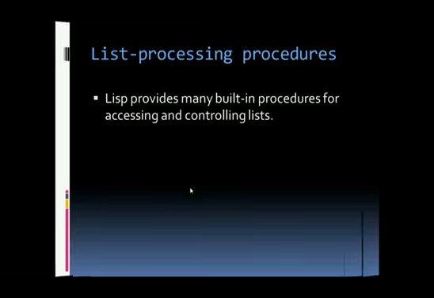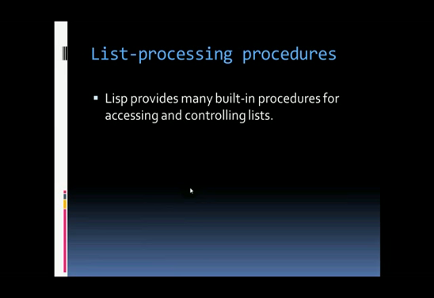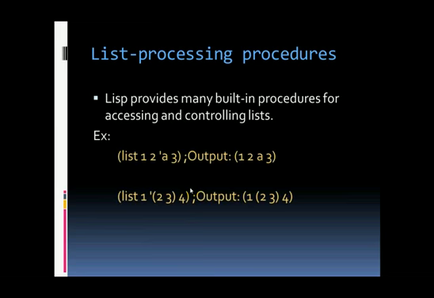When a list is to be evaluated, the first element of the list is taken to be the name of a function. The rest of the elements are considered to be arguments to that function. In addition to functions, Lisp has special forms and macros.